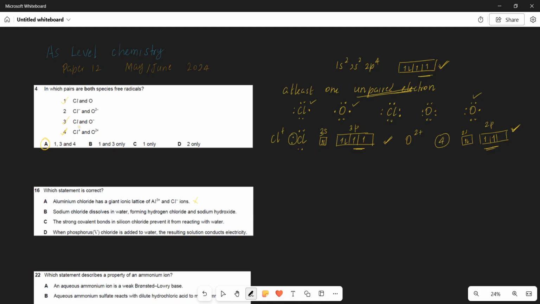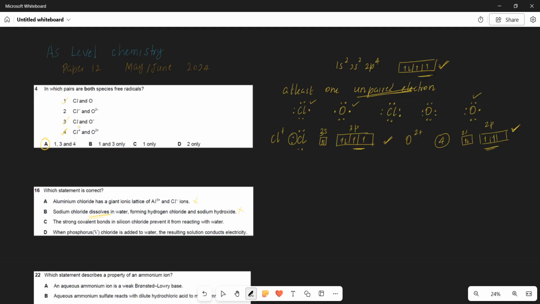Sodium chloride dissolves in water, forming hydrogen chloride and sodium hydroxide. That is not true, because sodium chloride does not react with water, it only dissolves in water. If water became a reactant and it underwent hydrolysis, then this statement would be true. But it is just dissolving, so it will dissociate into sodium plus and Cl minus ions.